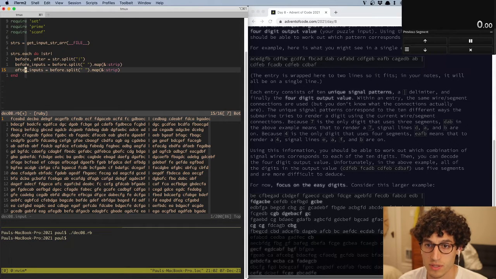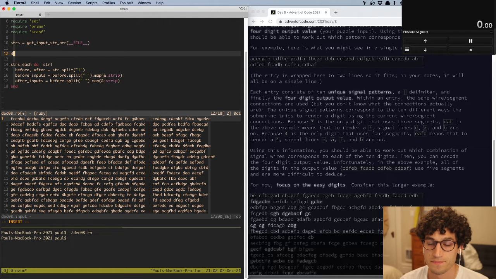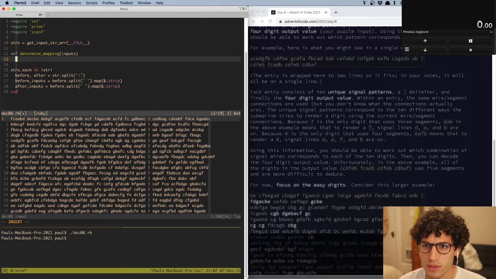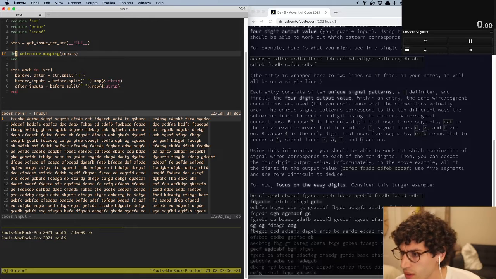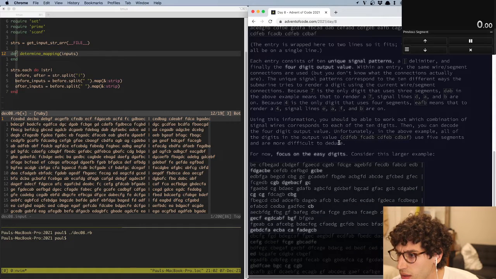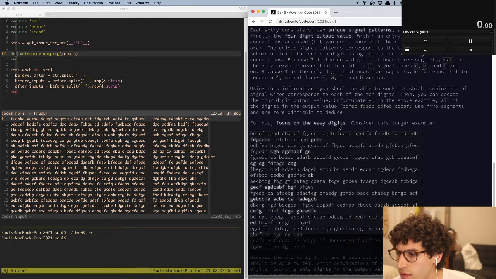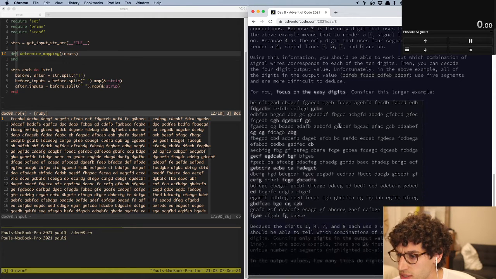After inputs. Determine mapping inputs. Focus on the easy digits.